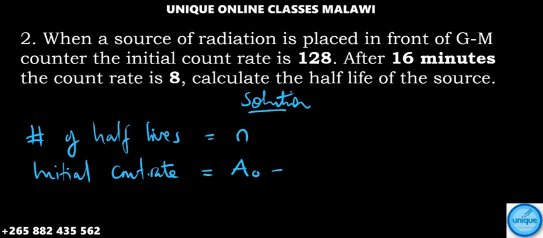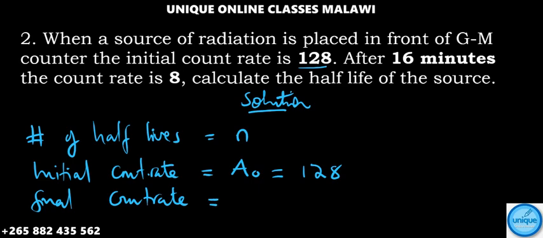This time the initial is 128, so we can put there 128, and the final count rate we can put here. The final count rate is equal to A n, where A n applies after a particular number of half-lives.